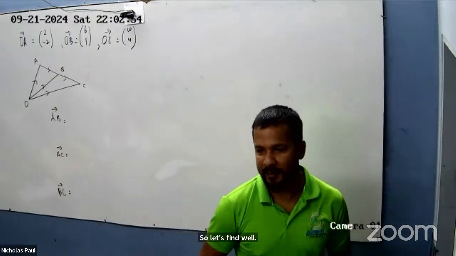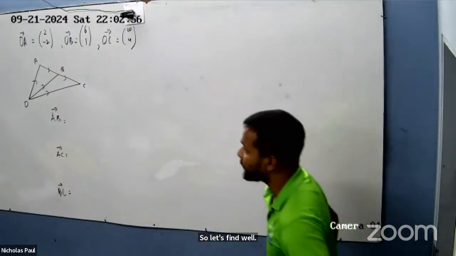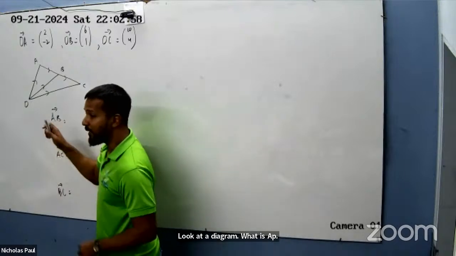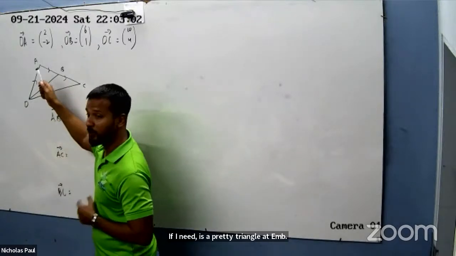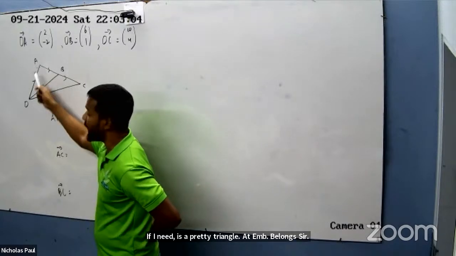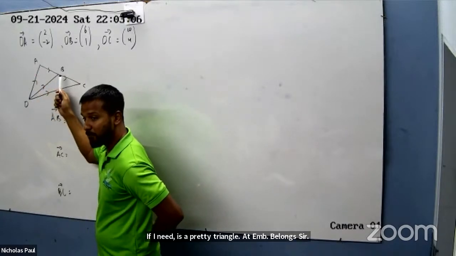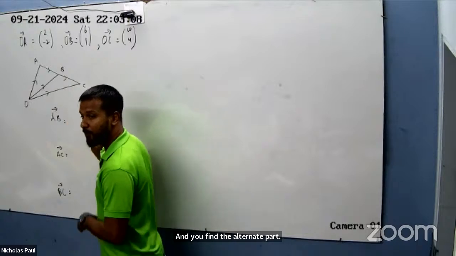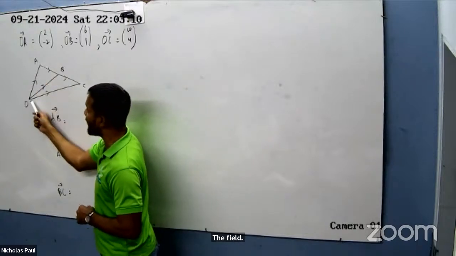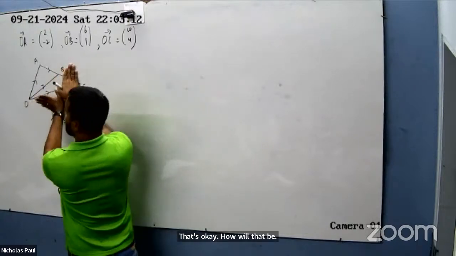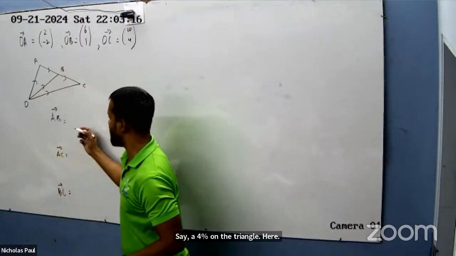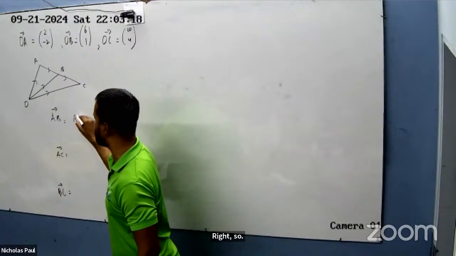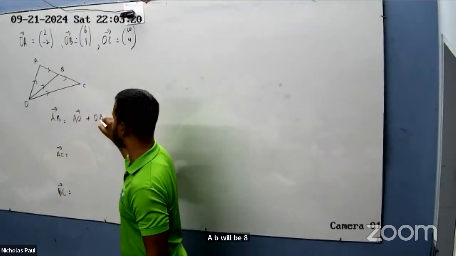What is AB? You look for the triangle that A and B belong to, and you find the alternate path from A to B. What will that be? A to O, focusing on this triangle here. So AB will be A to O plus O to B.